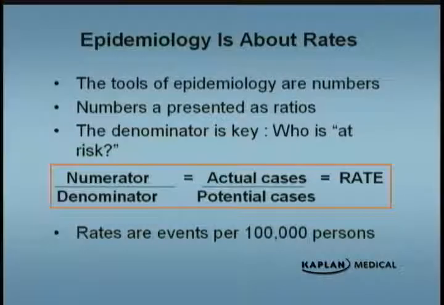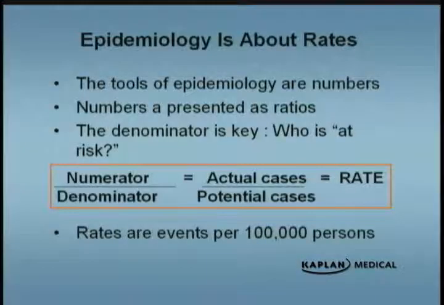Numerator, denominator, actual cases divided by potential cases. Now, I need you to understand that on your exam question, indeed in the real world, it's the denominator that matters most. Everybody seems to get the numerator right, the actual clinical cases, but the denominator is where the intellectual work is, and therefore where the right or wrong issue on the exam question will be.